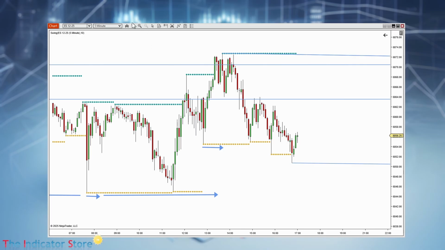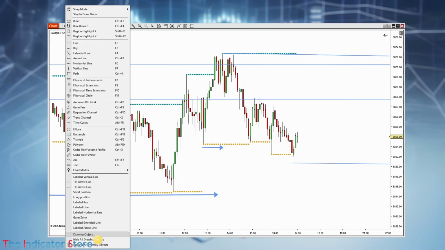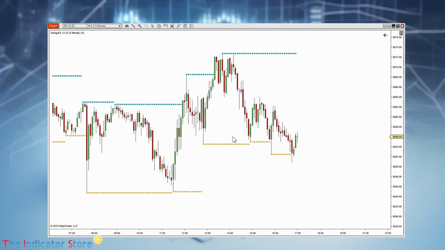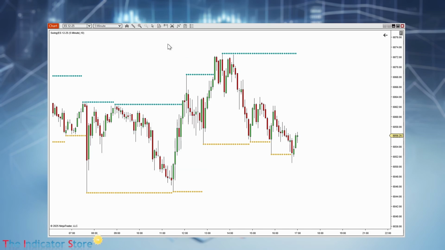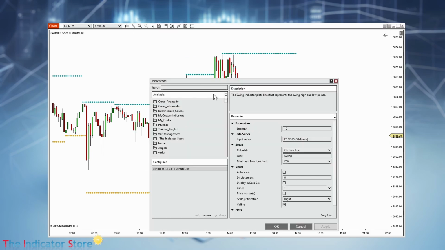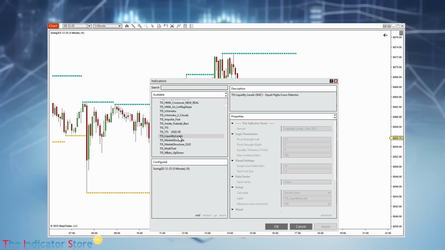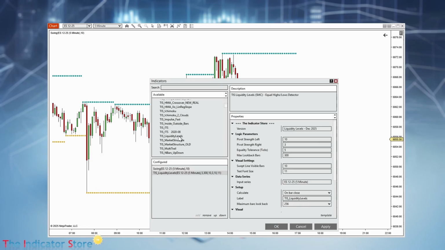And for that, we have the indicator. Let's remove all of that. The name of the indicator is TIS Liquidity Levels. You can see the parameters.